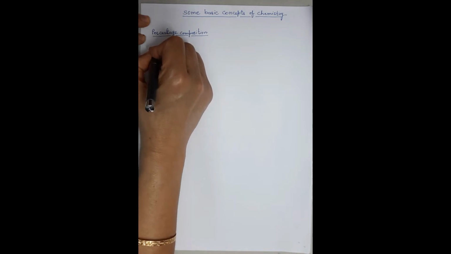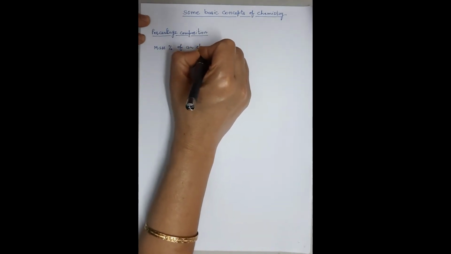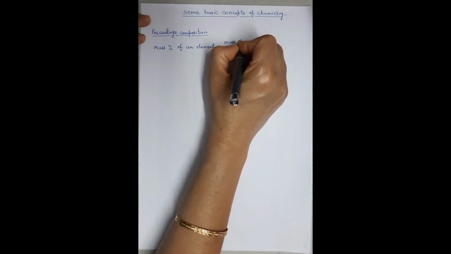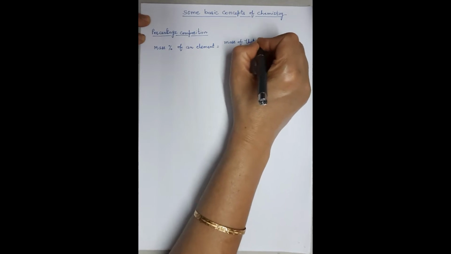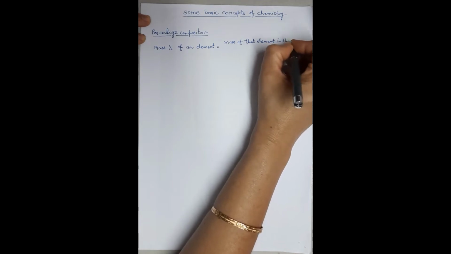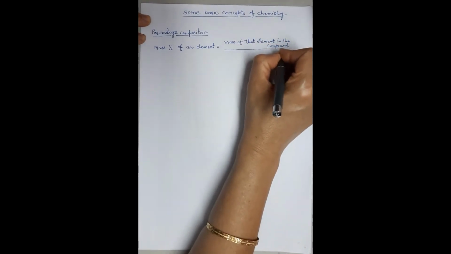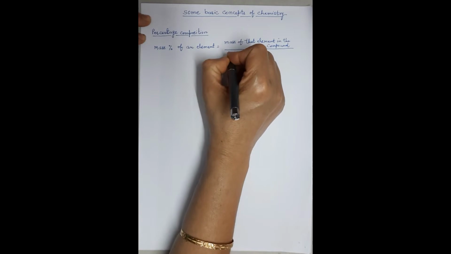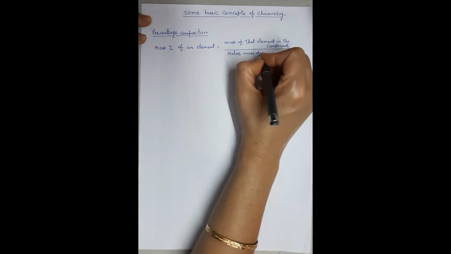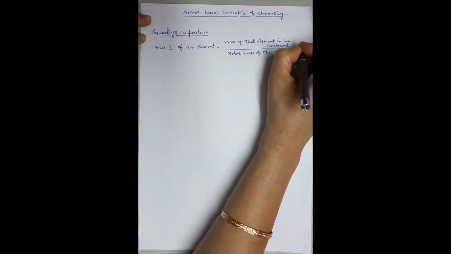I can write it as: mass percentage of an element is equal to mass of that element in the compound divided by molar mass of the compound, into 100.